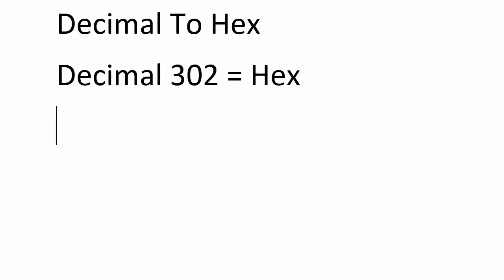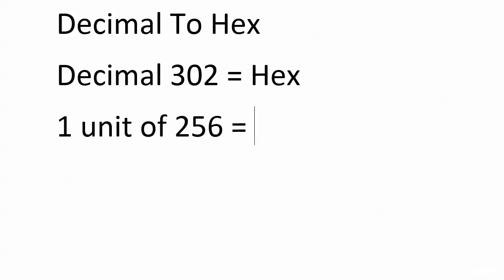So we're going to start with 256, which is 16 times 16, because we are going to have a 3-value hex character here. So how many units of 256 do we have in 302? 1. And I hate to even put what that equals, but there you go. So we've got 1 unit of 256, which leaves us 46.